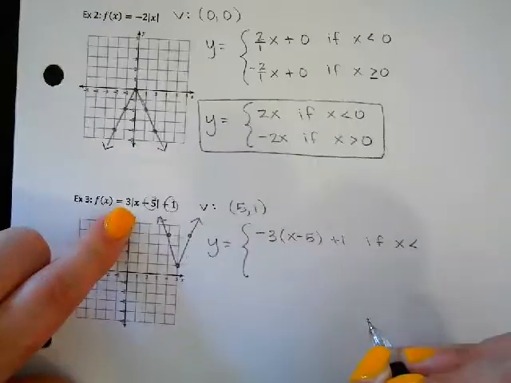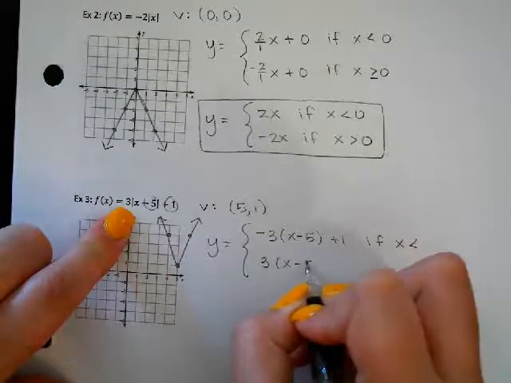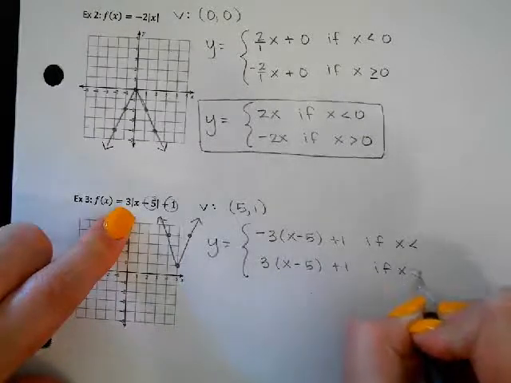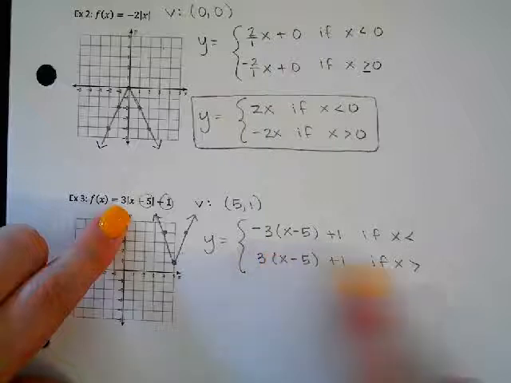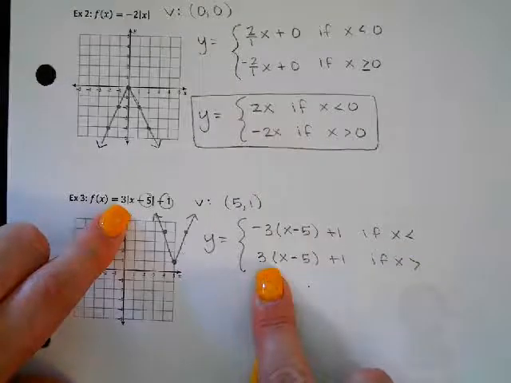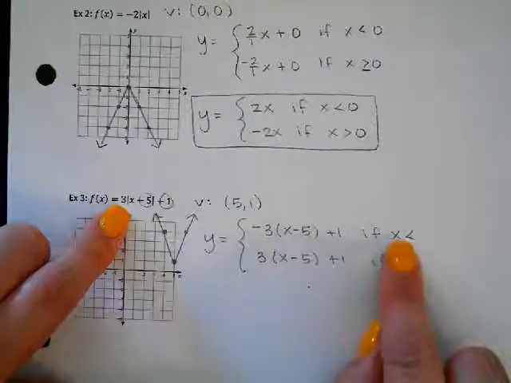And then we're going to do the positive version, and this is going to be the right arrow. Okay? Negative version, left arrow, positive version, right arrow. Negative version, left arrow, positive version, right arrow.